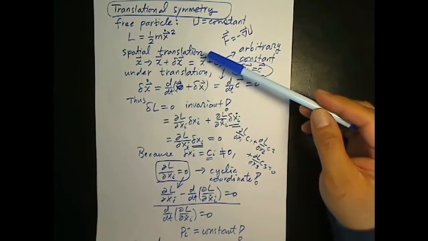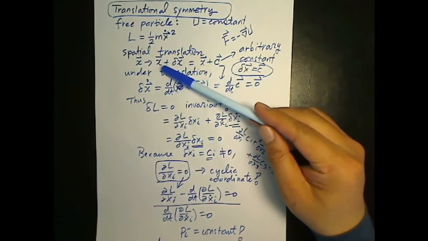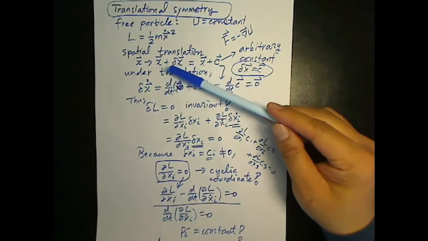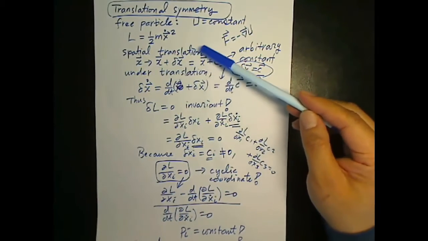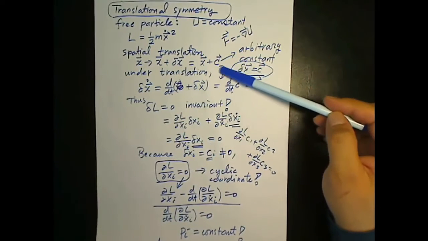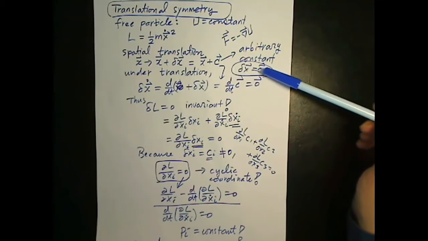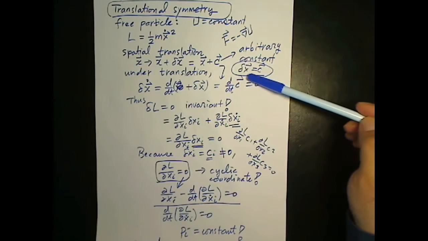Let us introduce a spatial translation by delta x for the position x. For the whole space, for any x, I add a constant. This c is an arbitrary constant vector, so delta x is c.